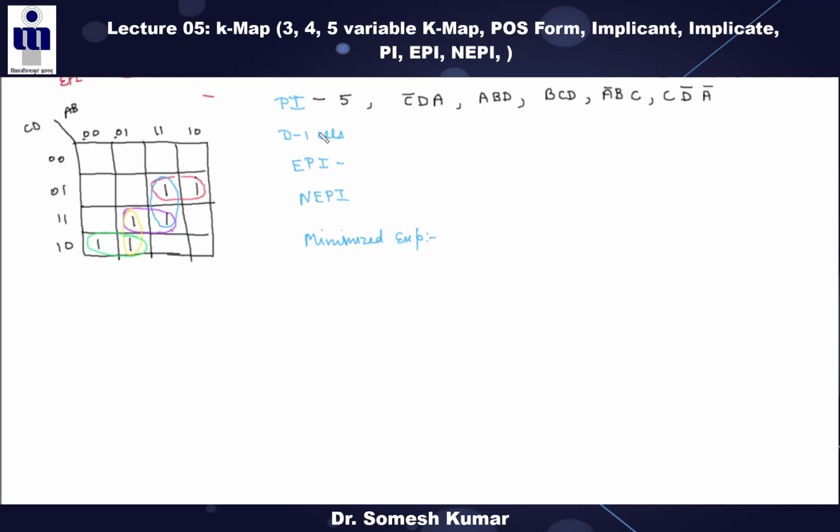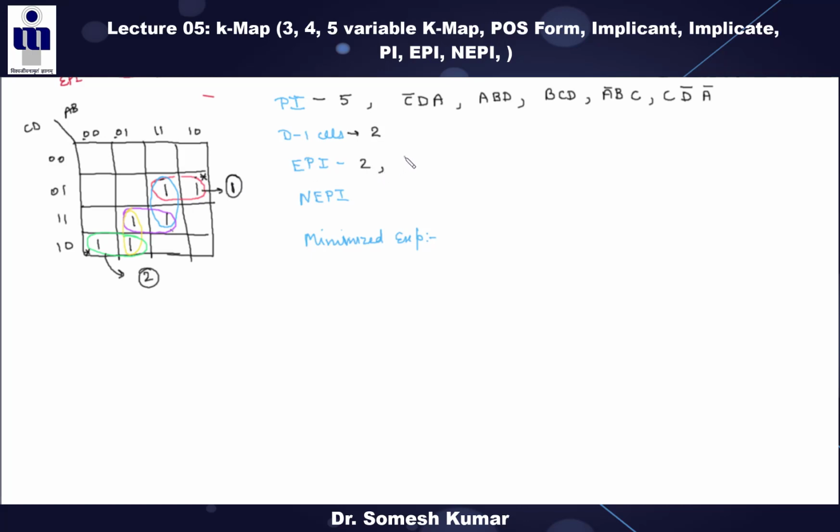What are your D1 cells? Can you tell me which ones are your D1? This one and this one, right? So 2 D1 cells. What are your EPIs? This red one is your first EPI, and this green one is your second EPI, right? Clear? So how many EPIs? 2 EPIs.